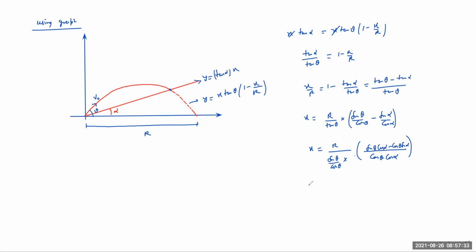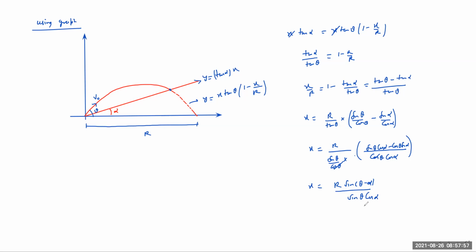Now this looks nice. So what we are getting is r sine theta minus alpha upon sine theta. Now this is the x value, and once you get the cos alpha, yes, so this is cos alpha.